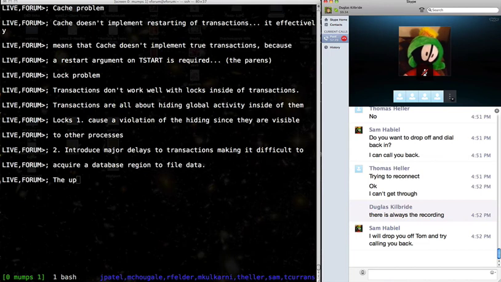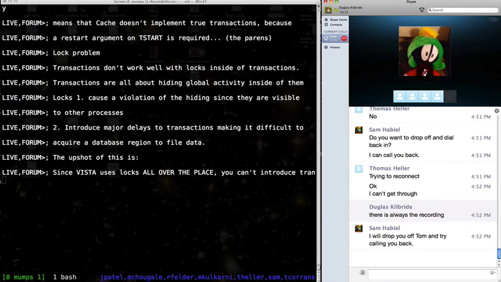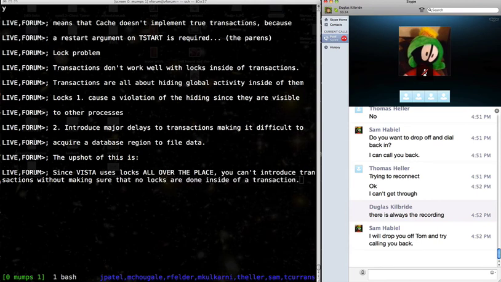So the upshot of this is, since VistA uses locks all over the place, you can't introduce transactions without making sure that no locks are done inside of a transaction.